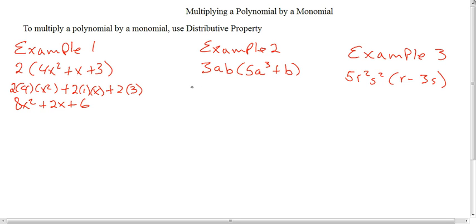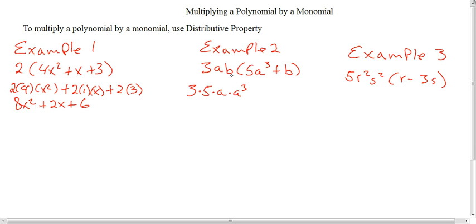So again, I'm looking at 3ab times 5a to the cube plus b. I'm going to take my 3, distribute my 3 to my 5, and I'm going to take my a and distribute my a to my a cube.